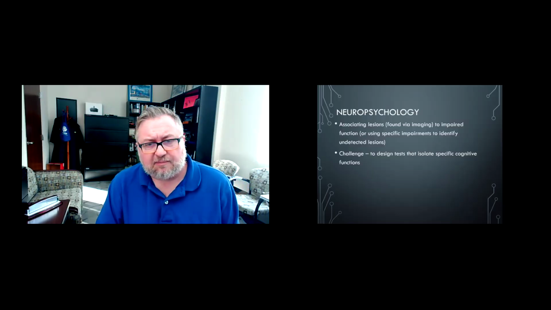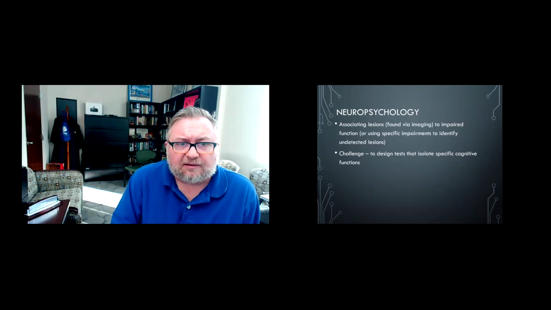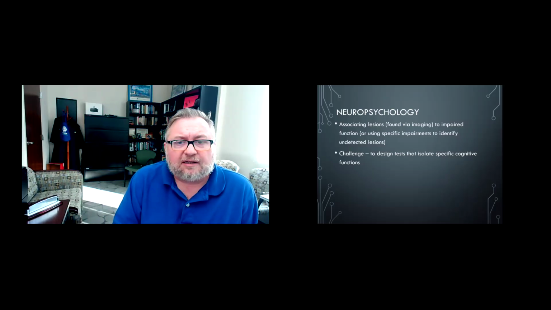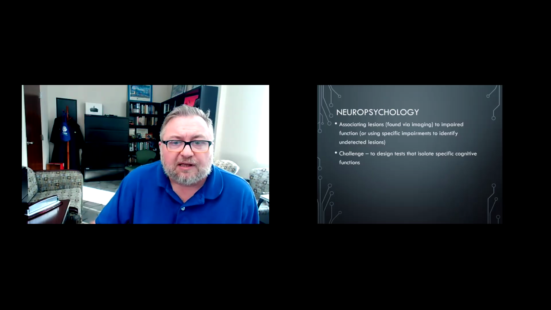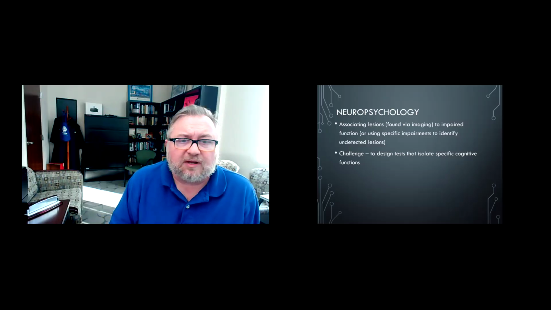One last thing to say about cognitive neuroscience is this field called neuropsychology. So what might happen is that let's say we do structural imaging and we find a lesion. That is, we find that a person has had a stroke, or maybe they've had some sort of brain trauma, what we might call a closed head injury from maybe a really serious concussion.